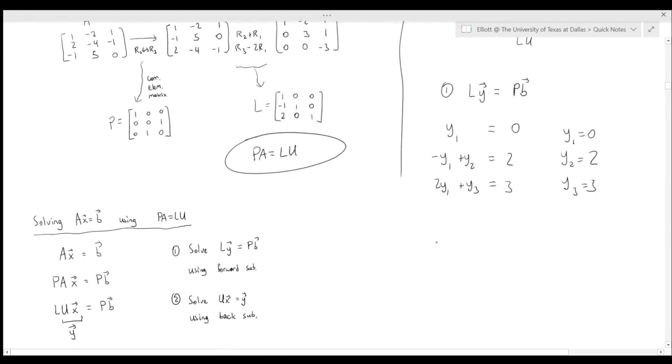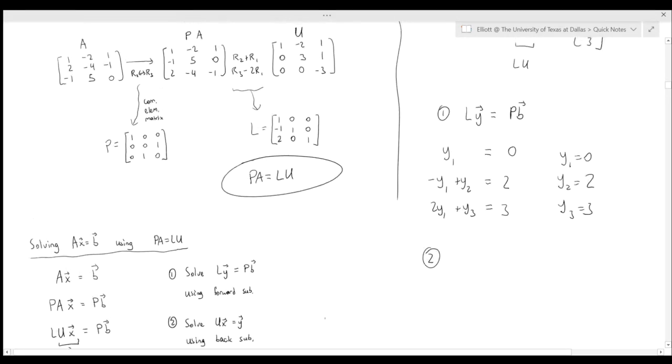Now that we know y, go back to Ux equals y. All right, so here's U. So using matrix U, we get the equation x1 minus 2x2 plus 1x3 equals y1, which is 0. Next would be 0x1 plus 3x2 plus 1x3 should be equal to 2.